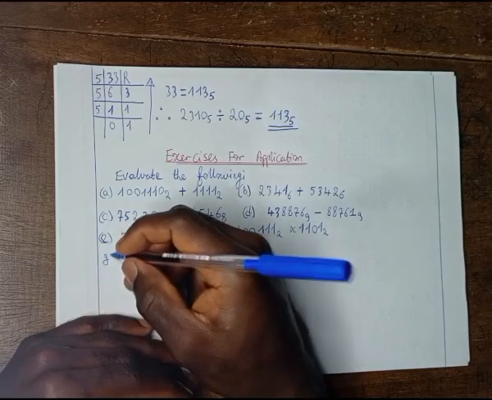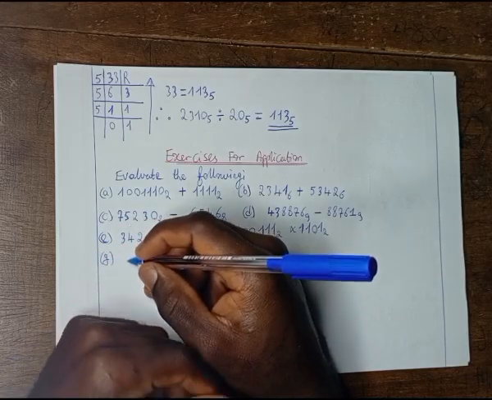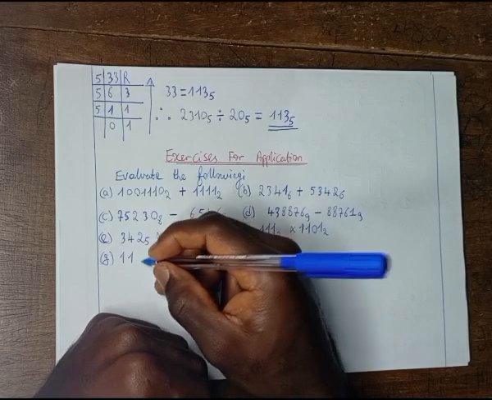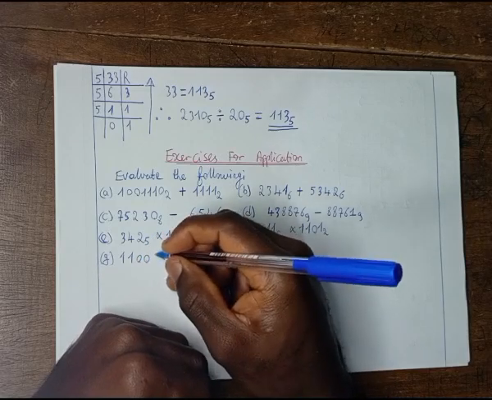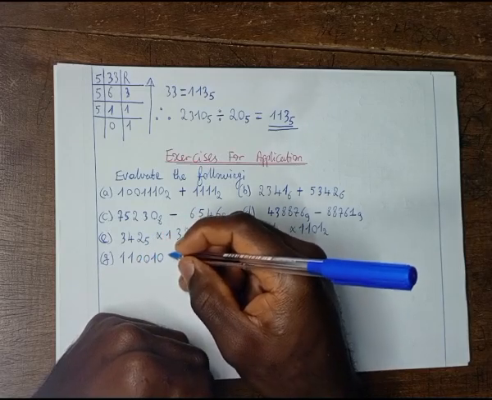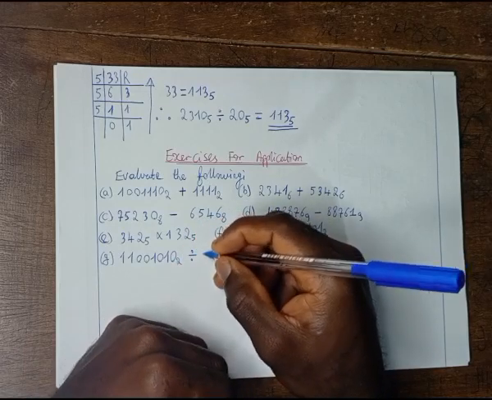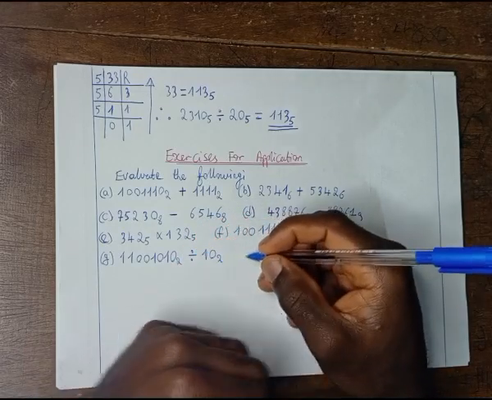For G, we have 1, 1, 0, 0, 1, 0, 1, 0 in base 2 divided by 1, 0 in base 2.